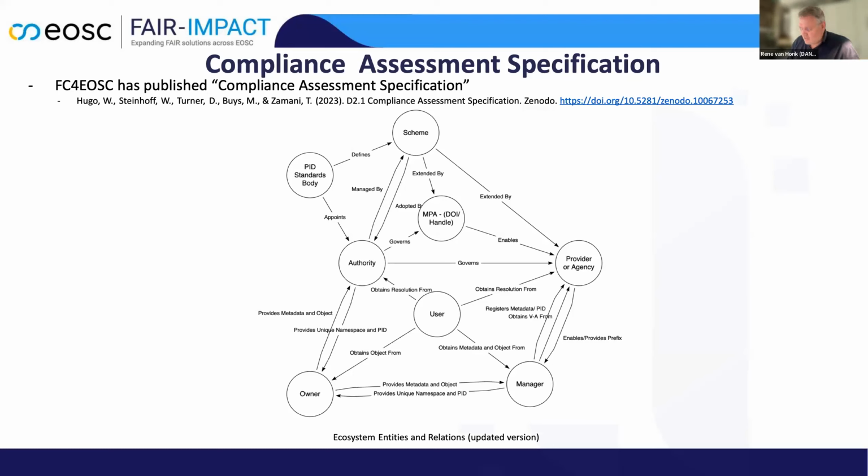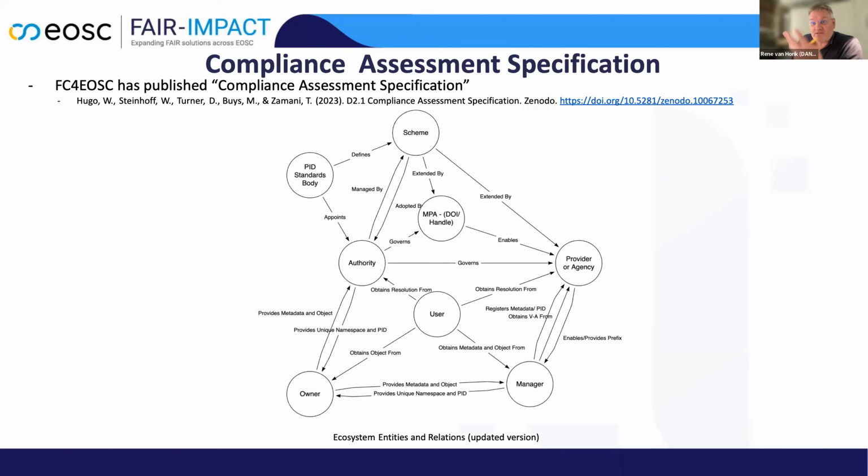And then an authority is using a PID scheme to provide metadata and an object to an owner, for instance, the DOI.org organization. And then there is a service provider, for instance, DataSite. And then there is the PID manager.